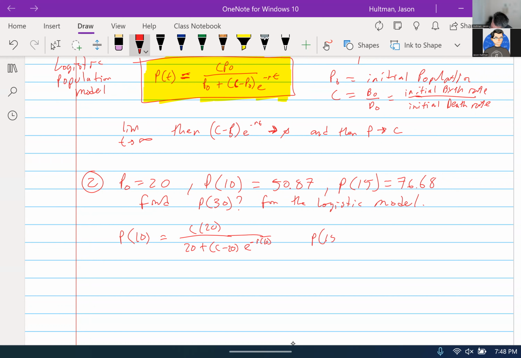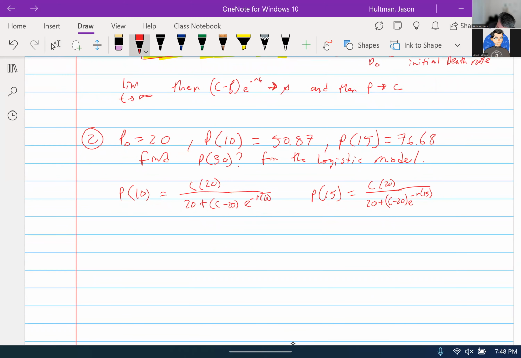We also have P at time 15 is equal to C times P naught, which is 20, all over 20 plus C minus 20, e to the negative R times 15. So what's P10 equal to?